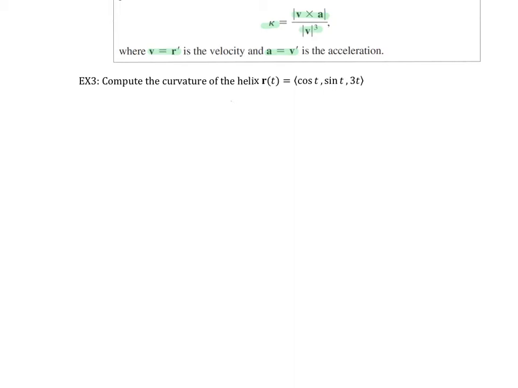So the first thing I need to do is to figure out what my velocity vector is. I have r, the velocity vector is just the derivative of r. So my velocity vector is going to be negative sine of t, cosine of t, comma 3.